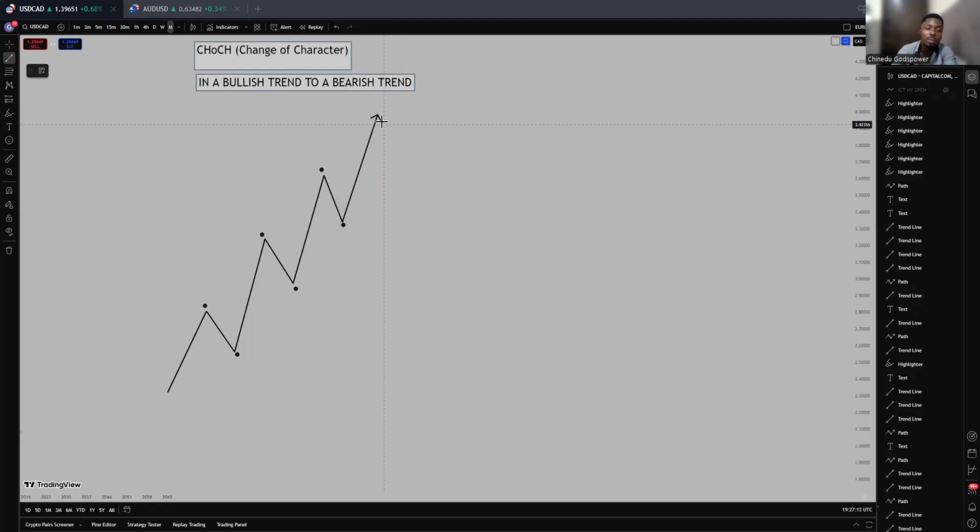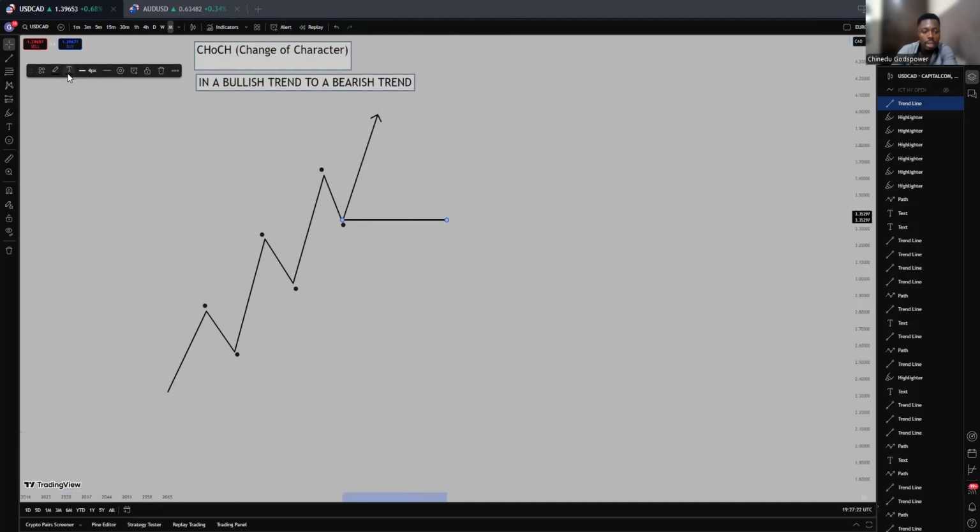And we know that we should be expecting a pullback to at least 50%. But price should respect this zone. Let me put this in red. This low that has been created here, price should respect it. It's a strong low.